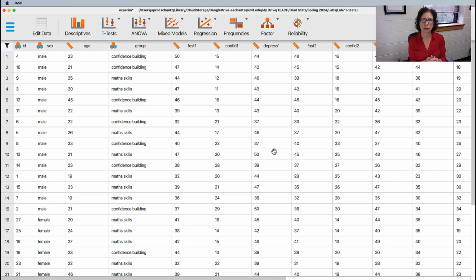This one is looking at a before and after intervention, testing someone's fear of statistics, their confidence, and their depression values. So looking at measures along the way, so repeated measures. And that's what you need for a paired samples t-test, is 2 occurrences of the same person. Okay, so let's take a look at what we have here.